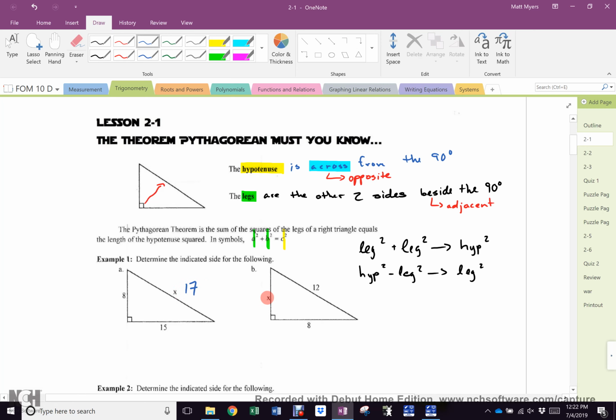What is this? 8.9. How did you find 17? Adding and square rooting at the end. How did you find 8.9? You subtracted and square rooted. Yes? Everybody can do that, right?